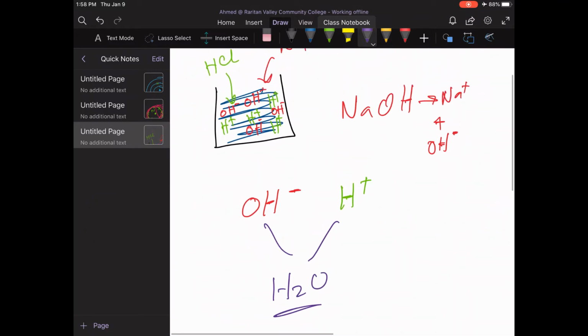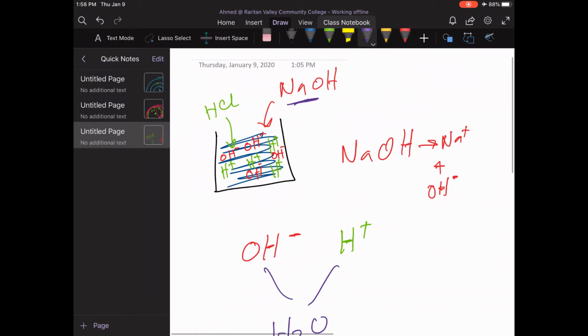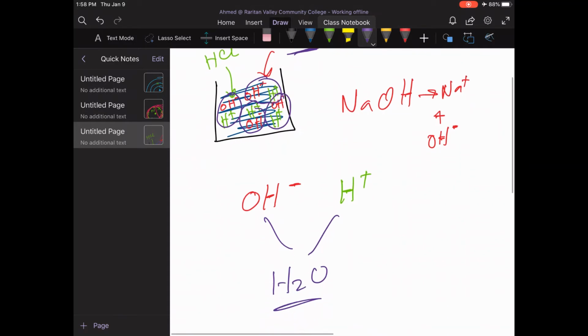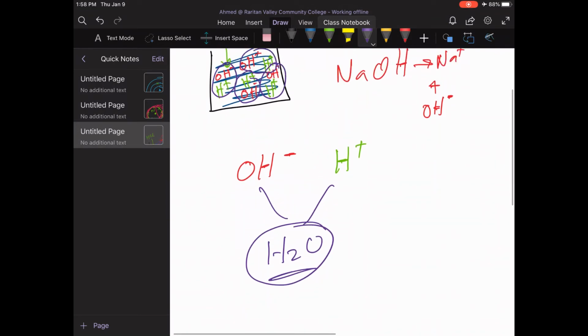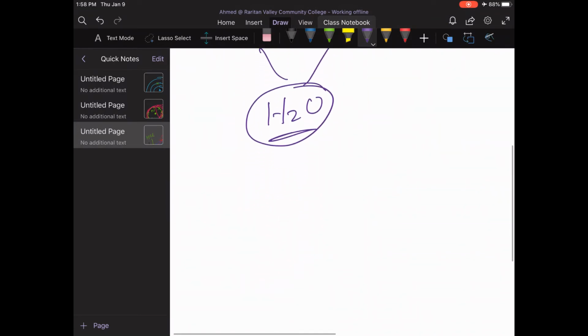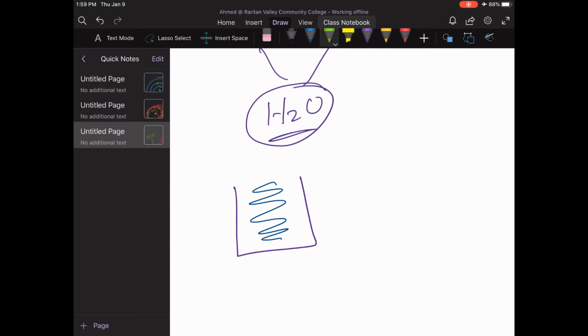So in this case, the base took these hydrogen ions from the water and removed them. Basically, it recombined them into a water molecule. So that's why they were taken out from the solution. If you want it another way, let's assume that in a cup of water, for any reason, we have 3 or 4 or 5 hydrogen ions, it doesn't matter the number.